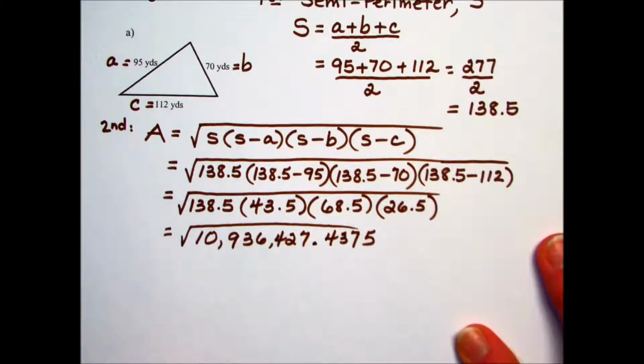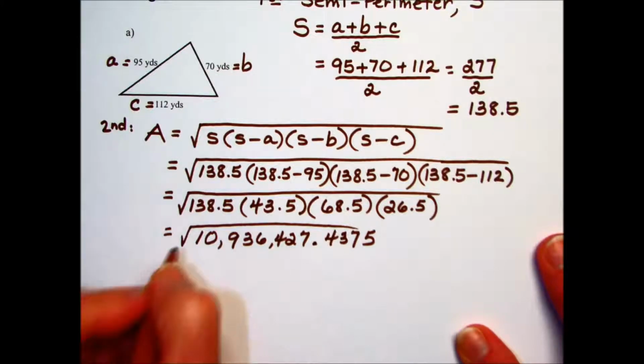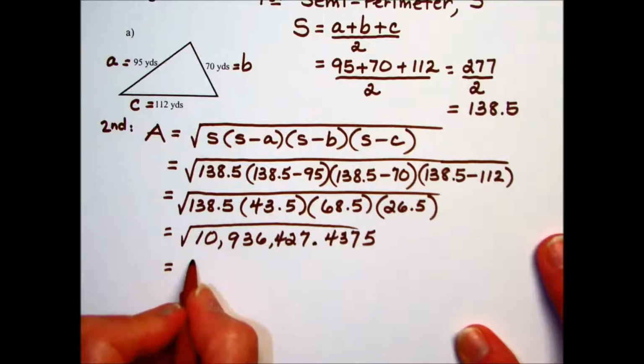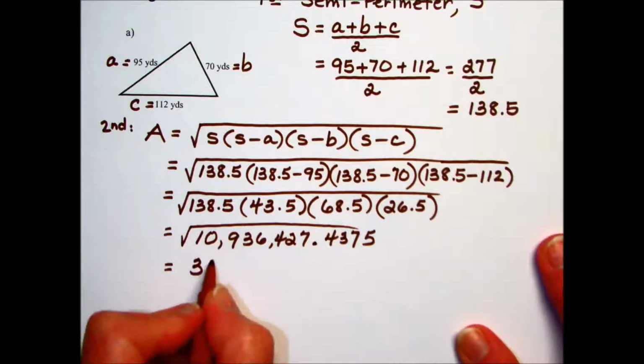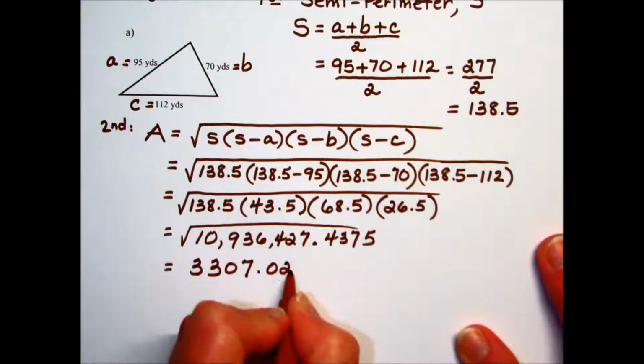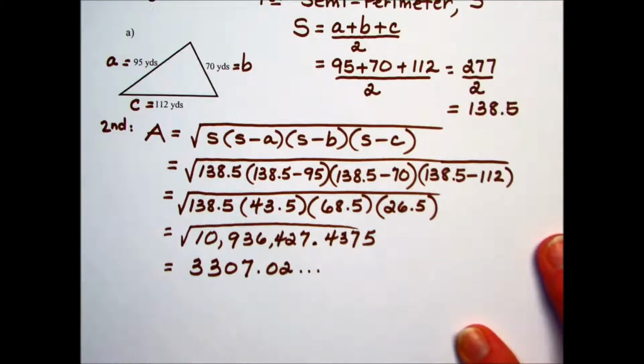I'd recommend leaving that in the calculator. Taking the final step would be the square root, which results in a value of 3,307.02 and continues.